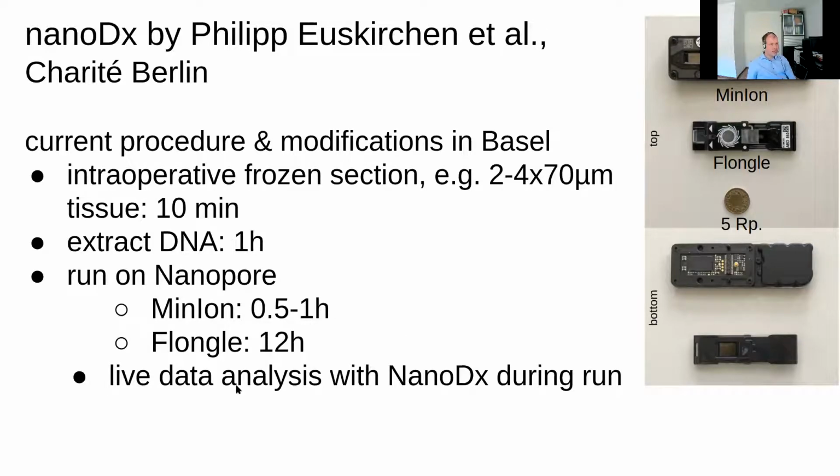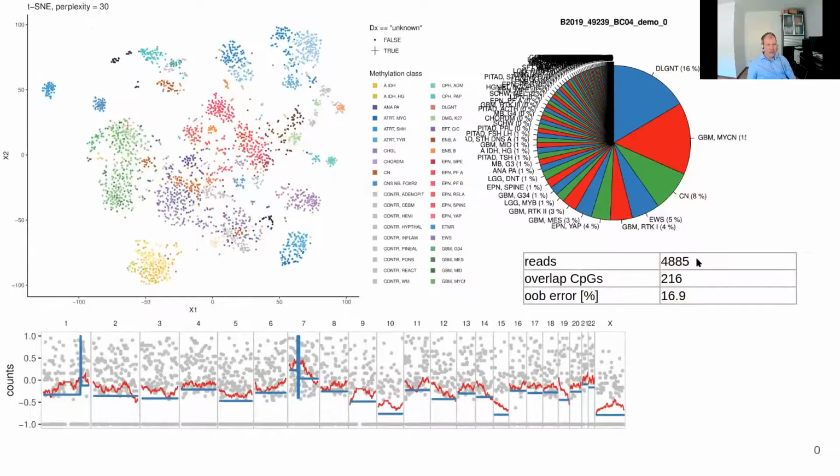And you can do live data analysis with NanoDX, that's the algorithm pipeline, during the run. And I'm going to show you how this looks. So pay attention to this one here. That's the reads coming in, the reads of native DNA. These have approximately 1,000 base pairs in length. Here you see a copy number profile arising, and here you see the classification error of that random forest.